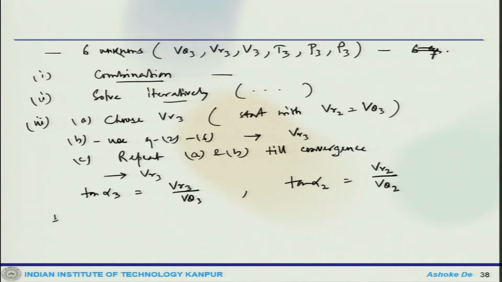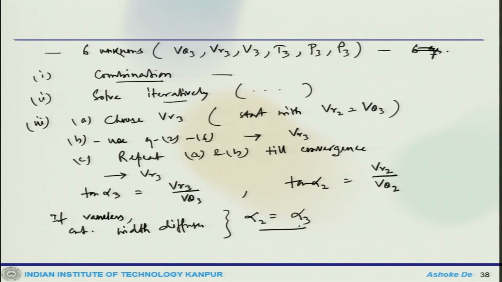So, if it is vaneless or constant width diffuser, then alpha 2 will be alpha 3. So, that is what you can get to go ahead with the design process.